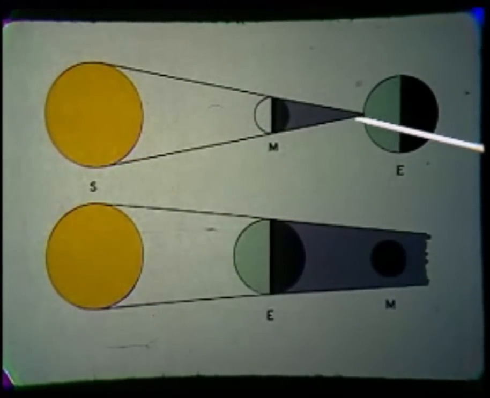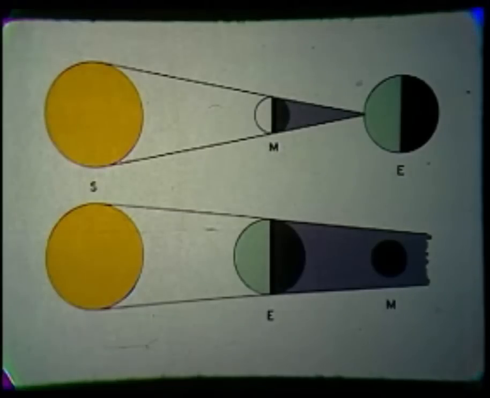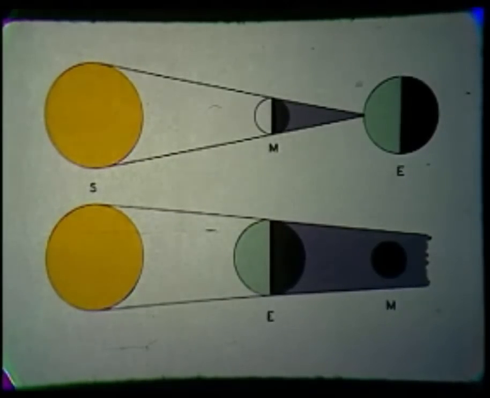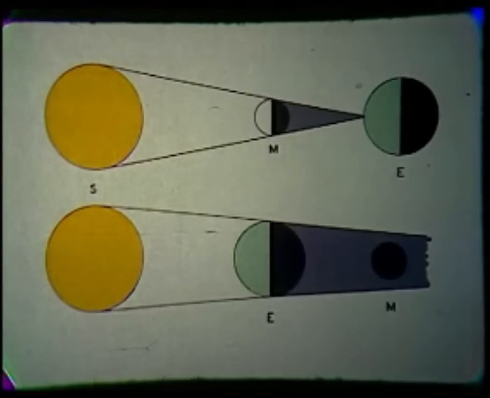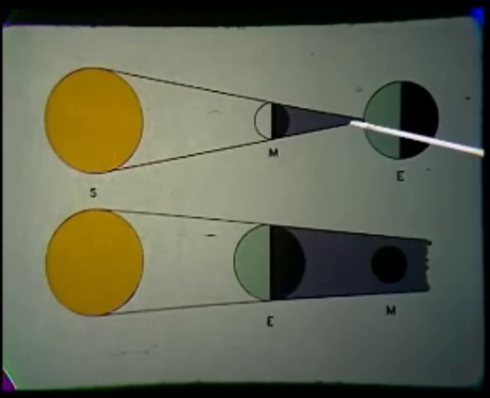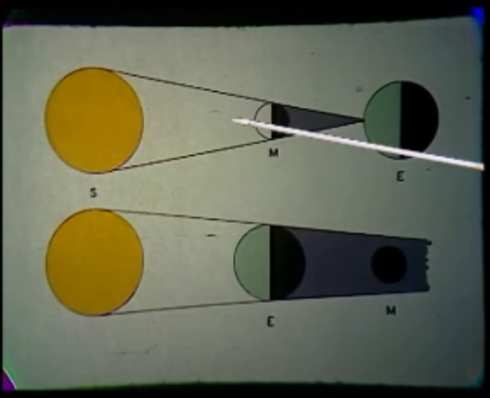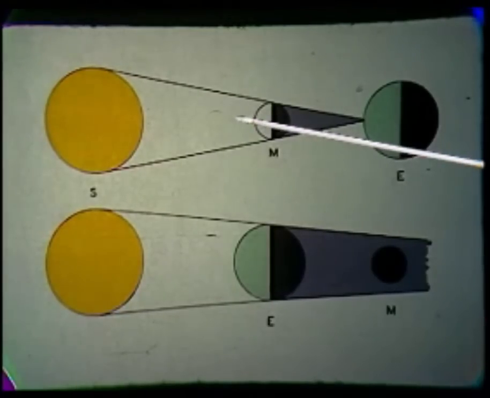Now, that eclipses can occur, solar eclipses, is due to the fact that Moon and Sun approximately have the same size. This shadow cone will not hit the surface of the Earth if the Moon is further away from the Earth, if the Moon is in its apogee.